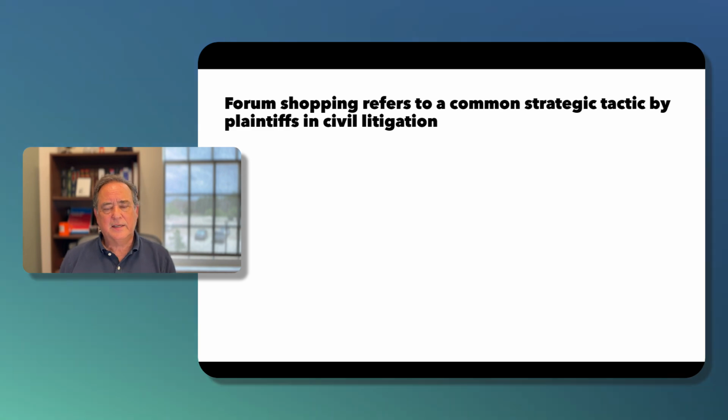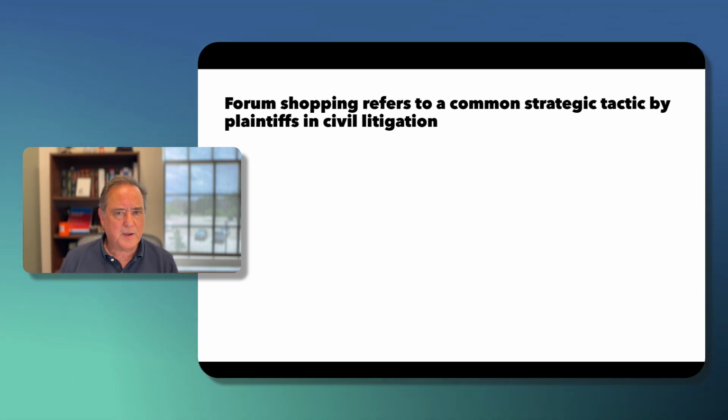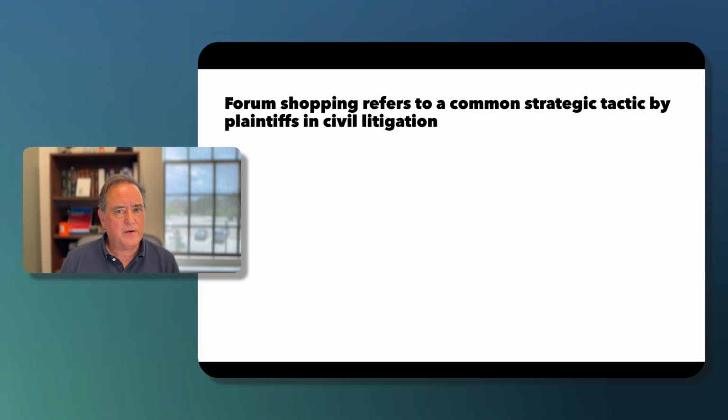I was once in a case involving a claim of mesothelioma. Mesothelioma is a type of cancer that is only caused by asbestos. Asbestos is the only source of mesothelioma. Mesothelioma does not occur without exposure to asbestos. Now, this case involved a resident from another part of the country. However, they brought their lawsuit in Brazoria County, Texas.